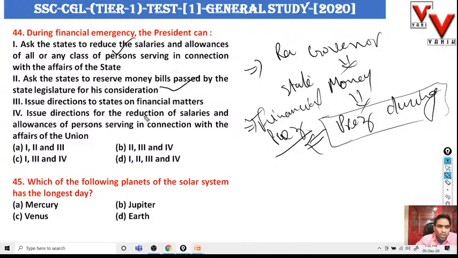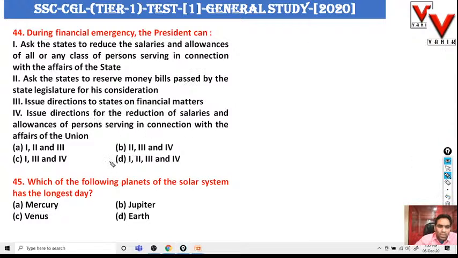So this is also right. Issue direction for financial matters: this is also right. Issue direction of reduction of salary and allowances: this is also right. So all are correct, first, second, third, and fourth. So the right answer is going to be D.